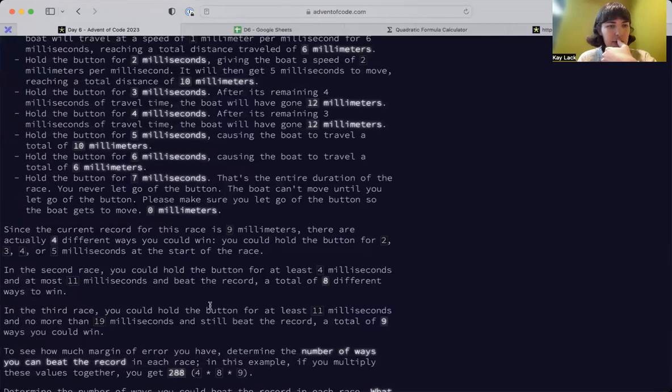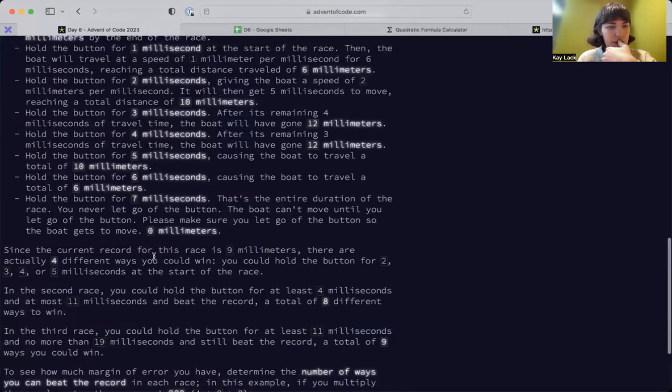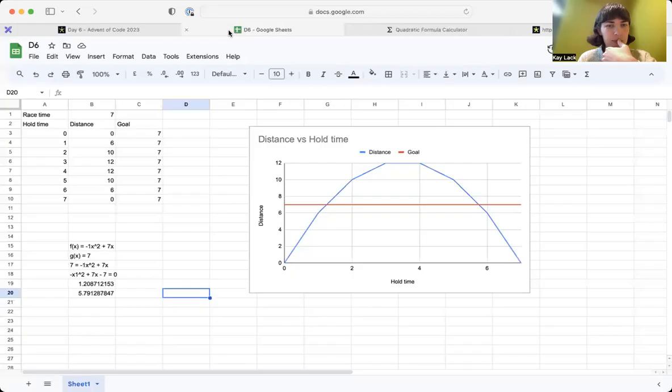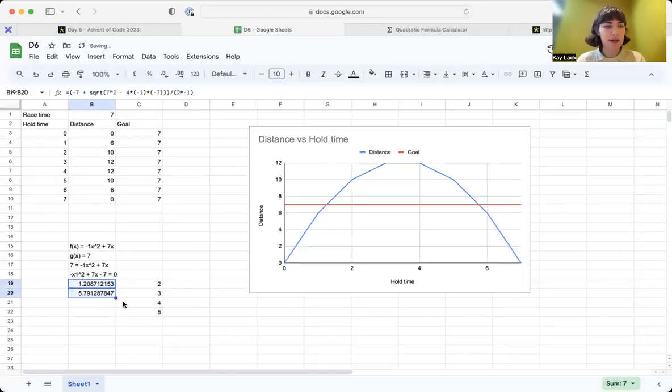So here there are 4 different ways you can win, because you've got this point, this point, this point, and this point. So you've got 2, 3, 4, and 5 between these two numbers, as in those integers between those numbers.